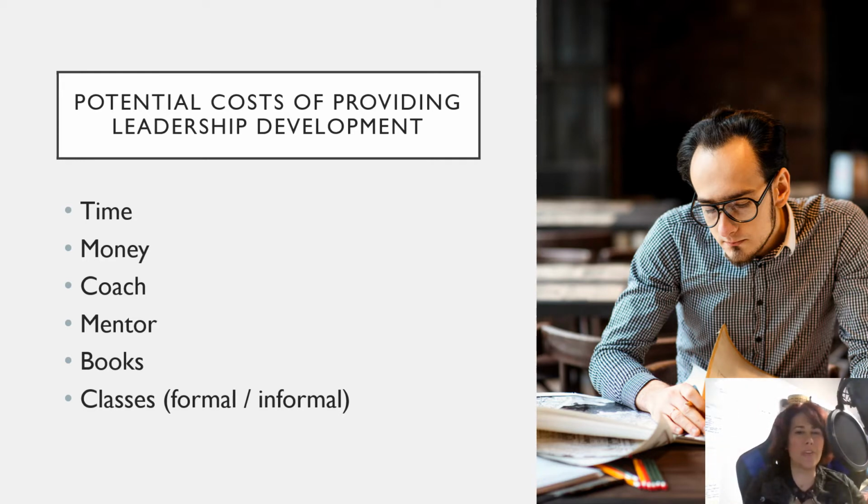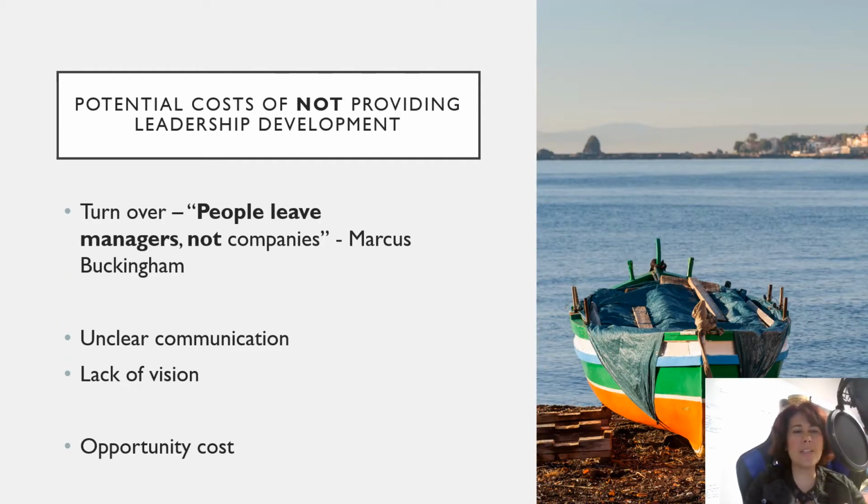We're all familiar with the costs that could be included in developing and providing leadership development. Time, money, coaching, mentors, books, classes, both formal and informal, they all cost something. However, I want to talk to you about the potential cost of not providing leadership development.